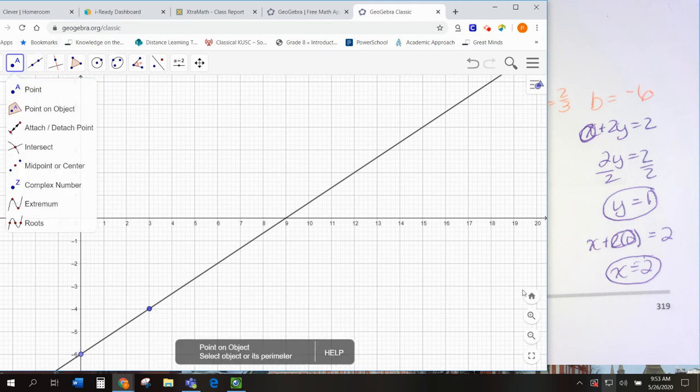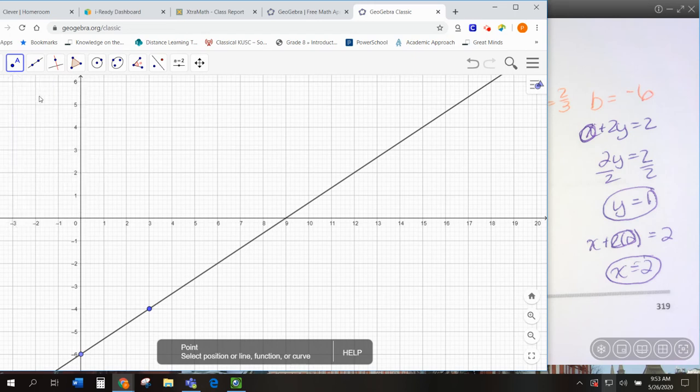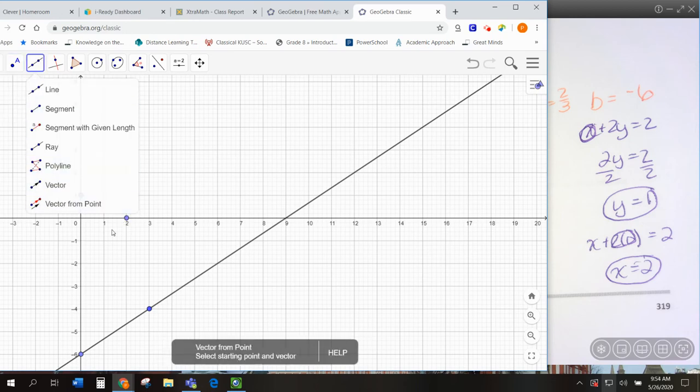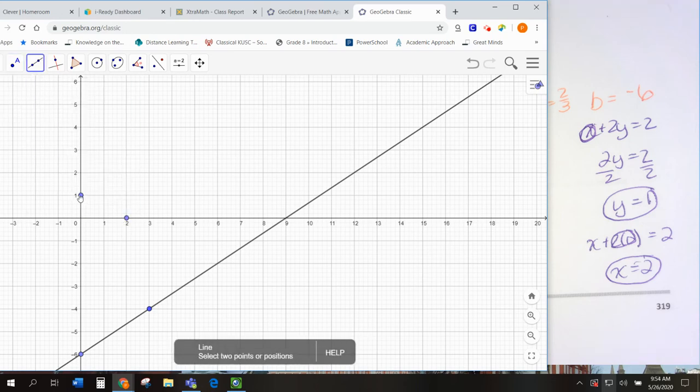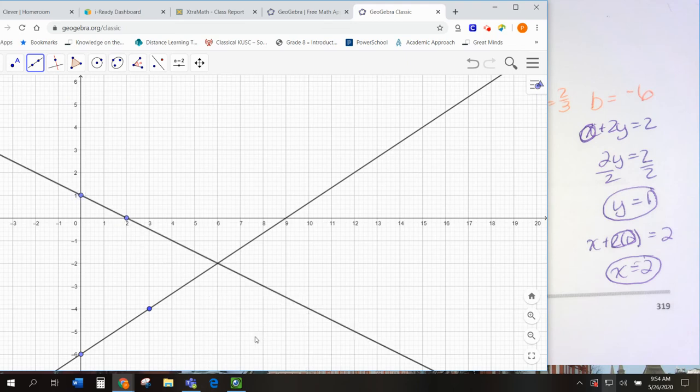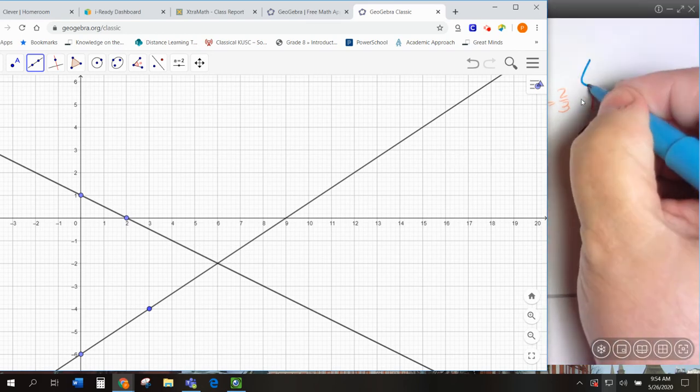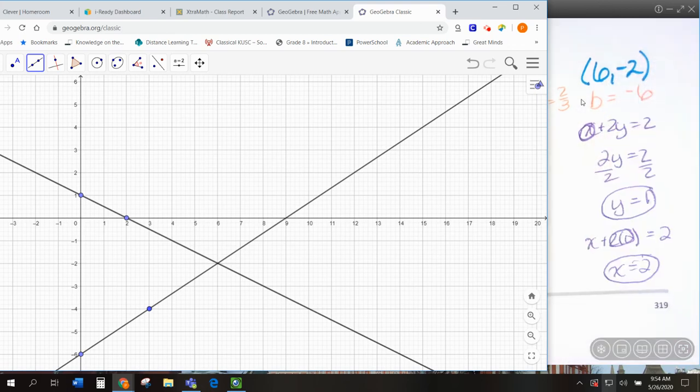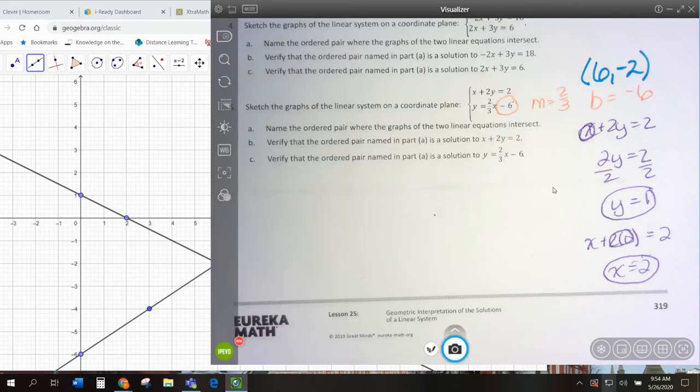My second line has a y of 1 and an x of 2. I'm going to put a line through these. And do they intersect? Right here. So this is the solution to our system. The coordinate pair would be (6, -2). So we're saying here our solution is (6, -2). So let's check it out and make sure (6, -2) works for both.